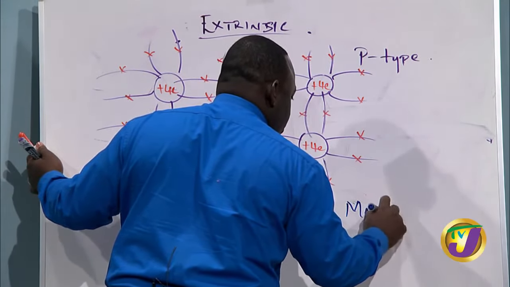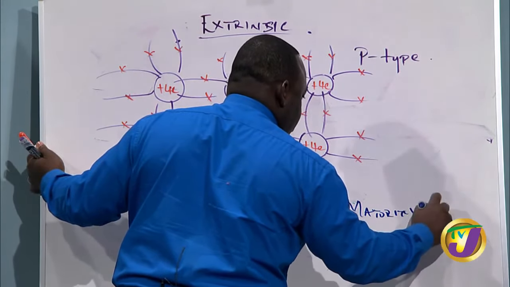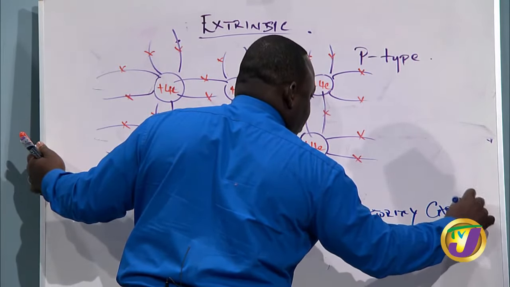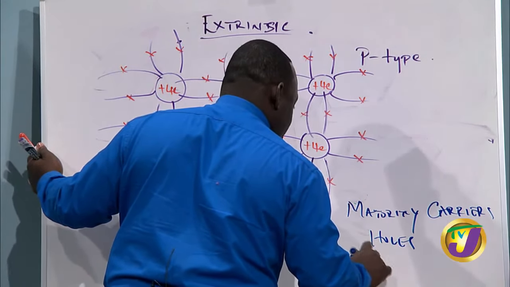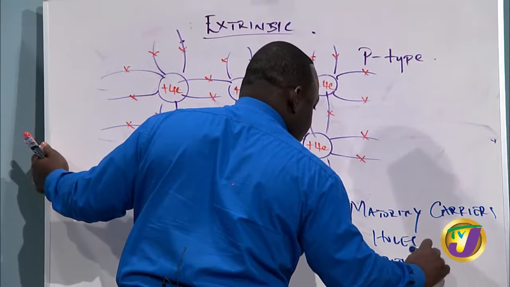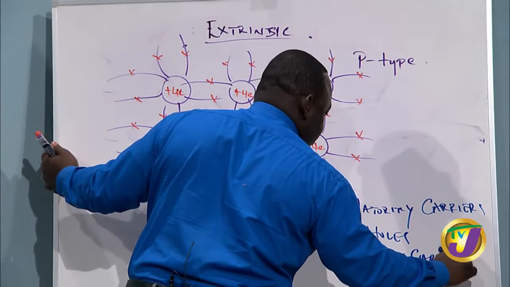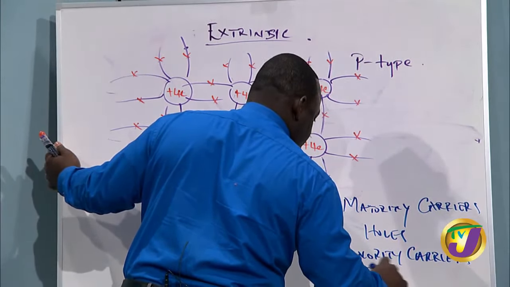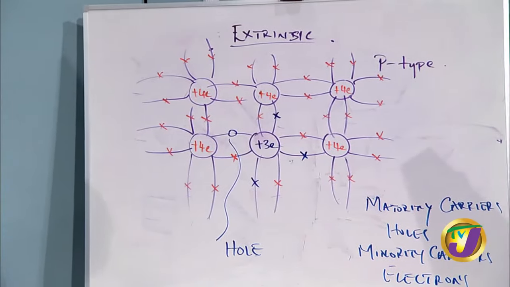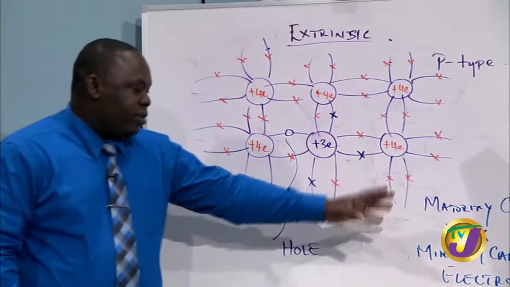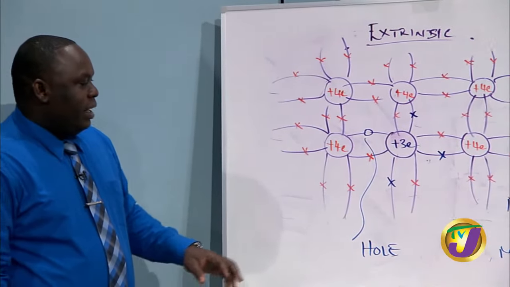Holes. The majority carriers would be holes, and the minority carriers would be electrons. We're going to be focusing on that a little bit later in our slides.